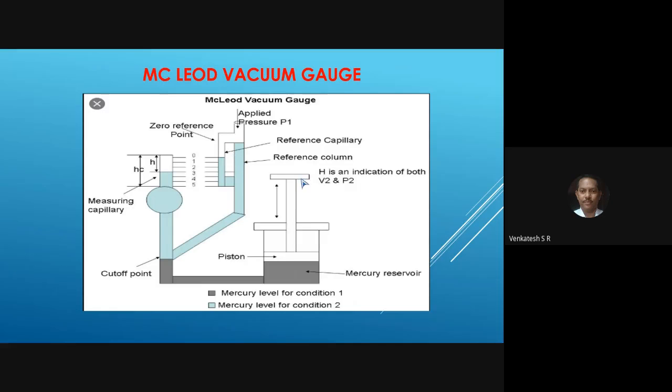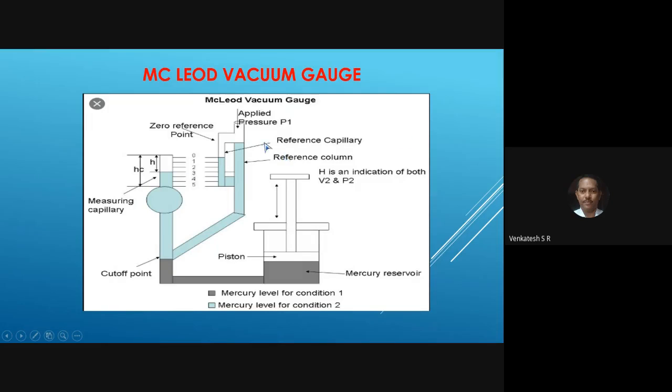As I told you earlier, for any measuring instrument, set the instrument to read 0. That is called null balance, and then connect this end to the source. Before applying the negative pressure here, the mercury should read 0, that is null balance.